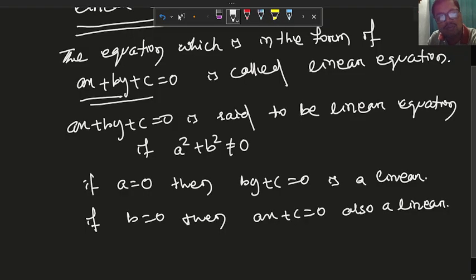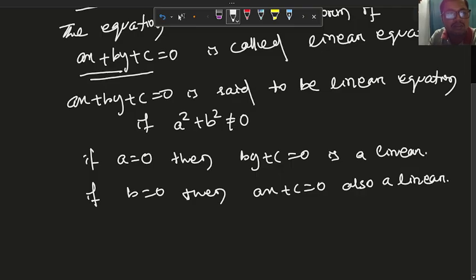But when both a and b are equal to 0, then ax plus by plus c equal to 0 has no result, because if I put a equal to 0, then ax will vanish, and if I put b equal to 0, then by will vanish.